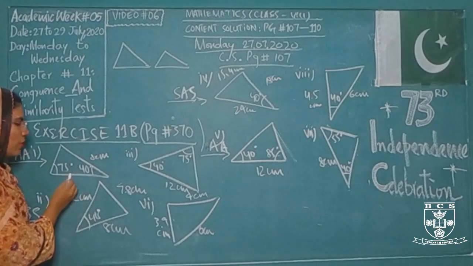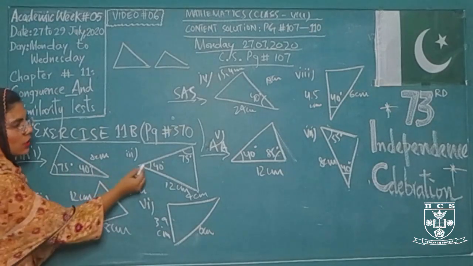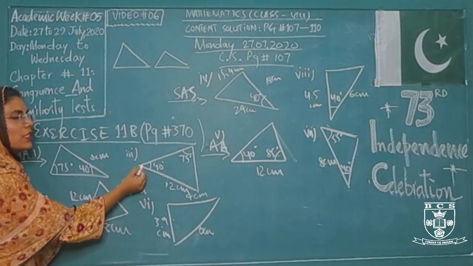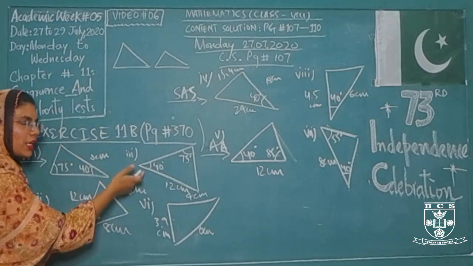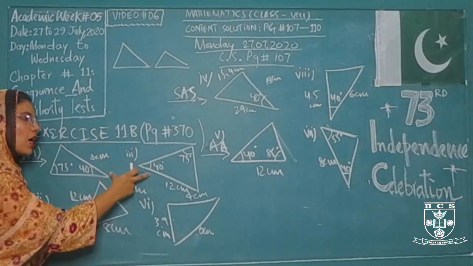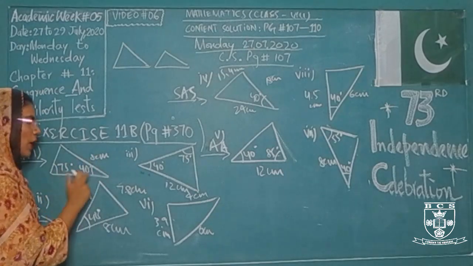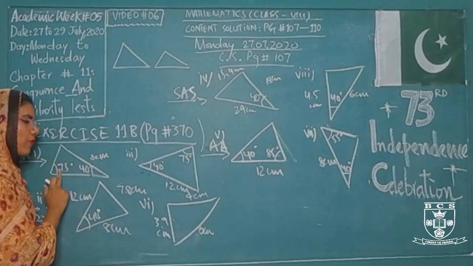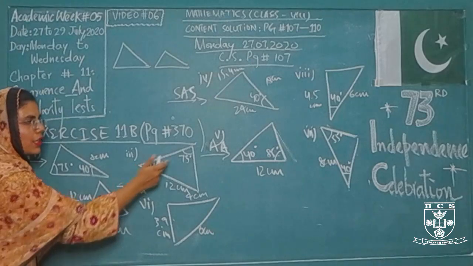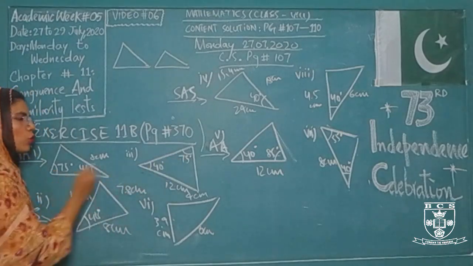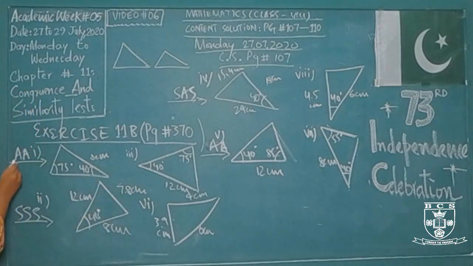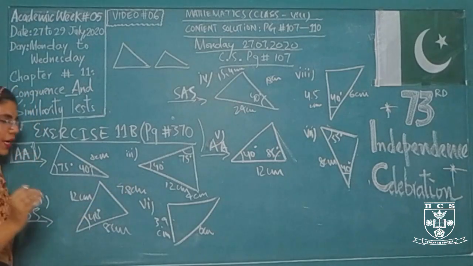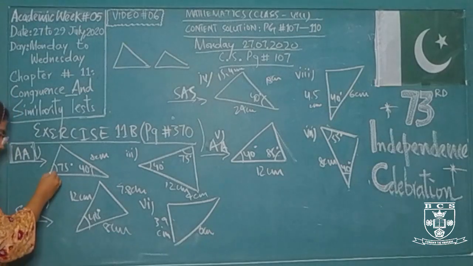So this triangle is a reflected diagram of the other one, drawn by rotating the same triangle. The two angles are the same, 75 degrees and 40 degrees, again 40 degrees and 75 degrees. So these two triangles are similar according to the angle-angle similarity test. If two angles are congruent, these two triangles are similar.